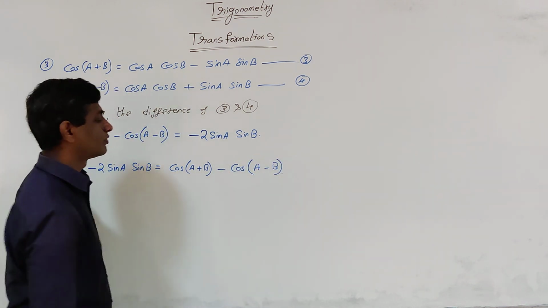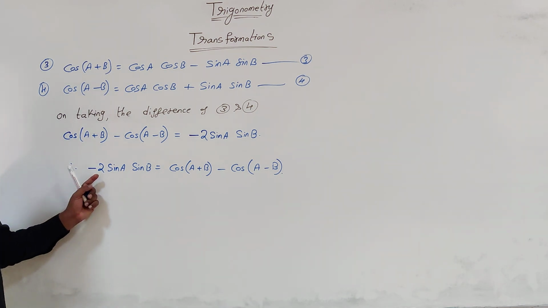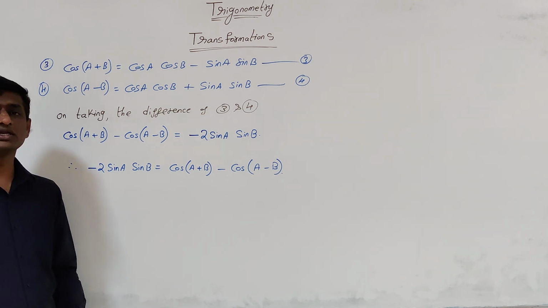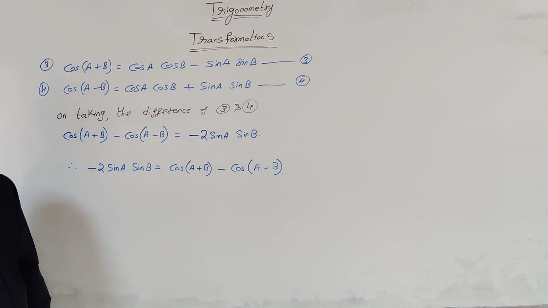So this is the product transformed to the difference. Whenever we come across this minus 2 sin A sin B, we can replace it with cos of A plus B minus cos of A minus B. So this is one transformation.